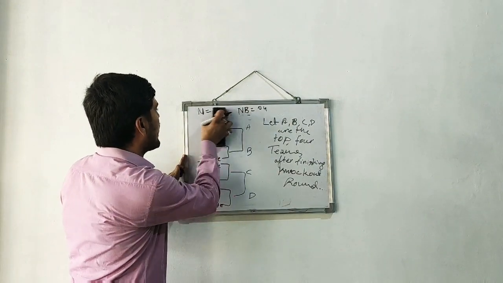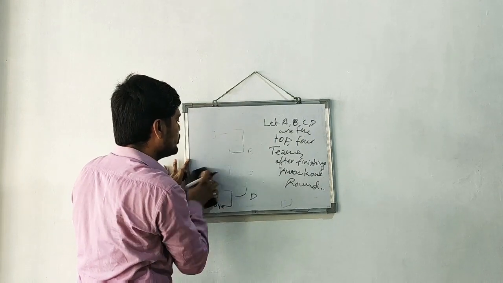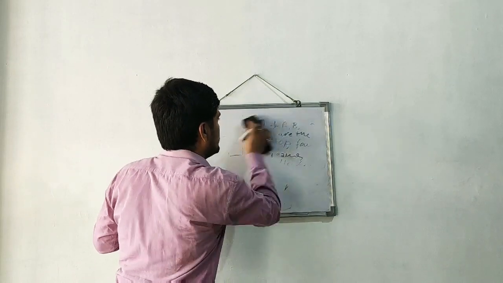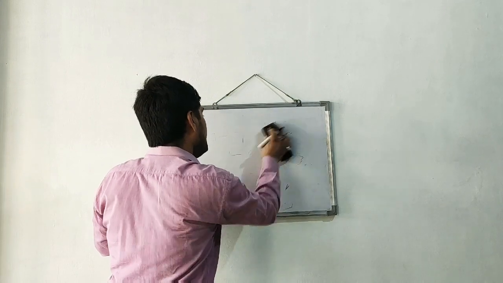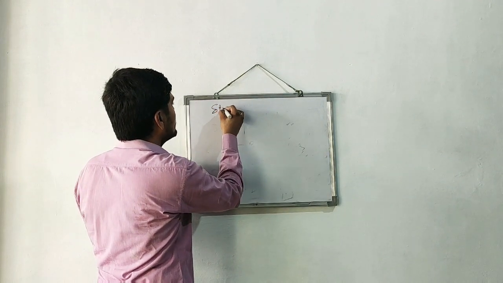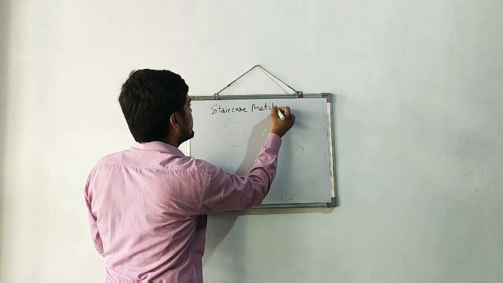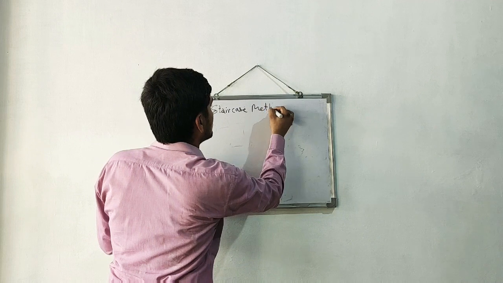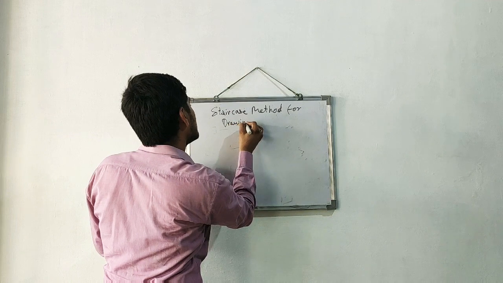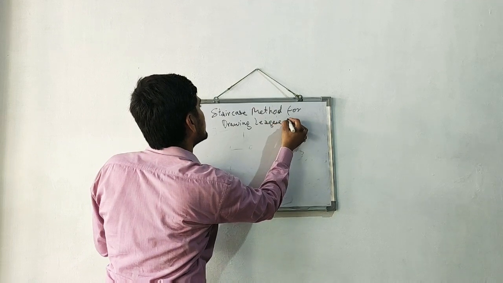Then you have to draw a league fixture for the 4 teams, which are A, B, C, D. Now I am drawing the fixture through the staircase method. So I will write staircase method for drawing league fixture.